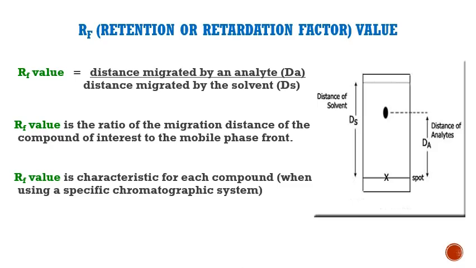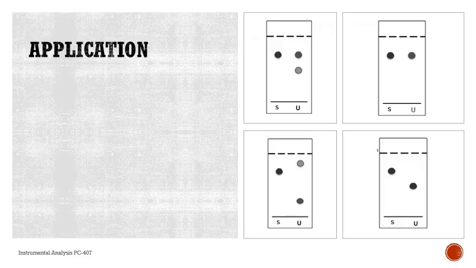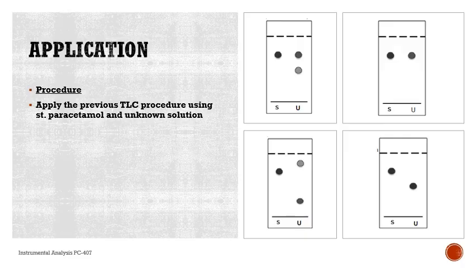So if the mobile phase is the same, then the compound should have the same RF value. Okay, the application of TLC, as we have said before, is used in pharmacopoeias to identify the spots and to determine whether the solutions are pure or impure.